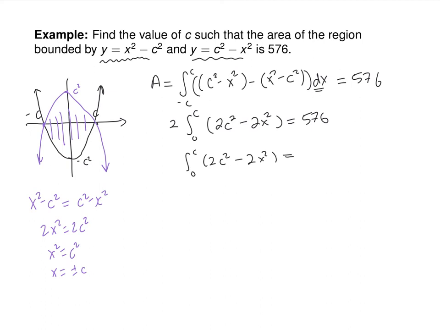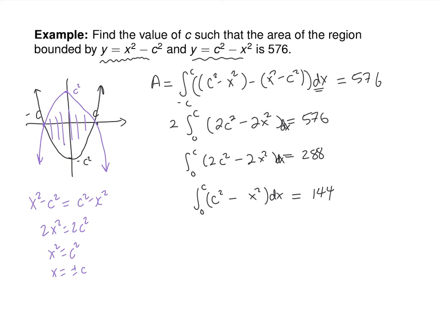So 576 divided by 2 is 288. Okay, and we could divide by 2 again, say factor out a 2 and then divide by it. We'd have the integral from 0 to c, c squared minus x squared dx, 288 divided by 2 is 144.